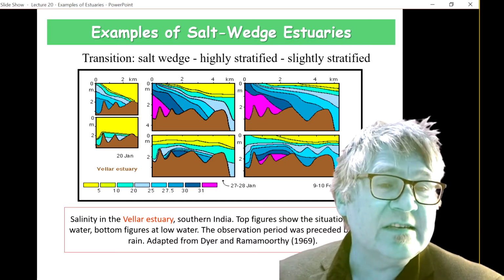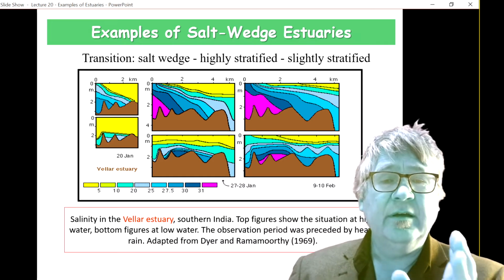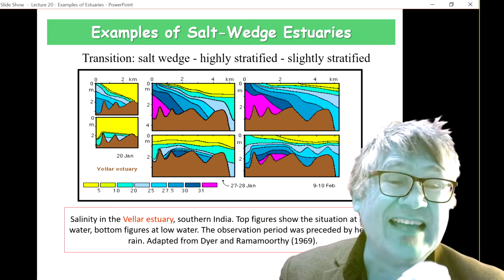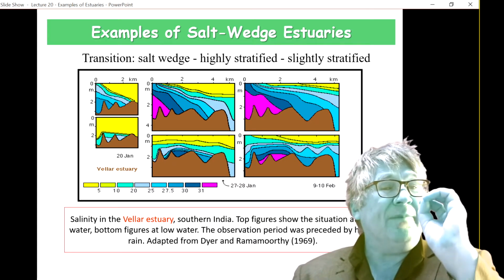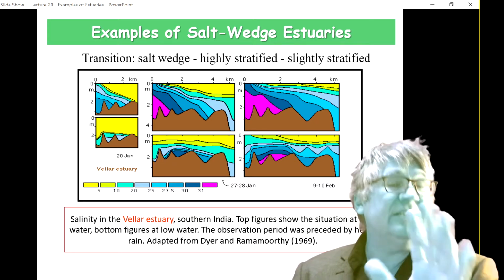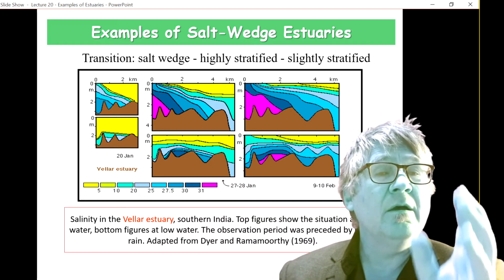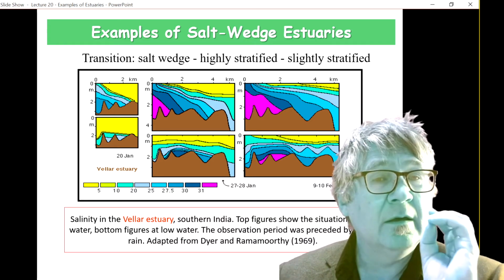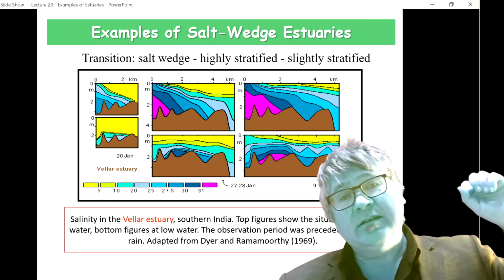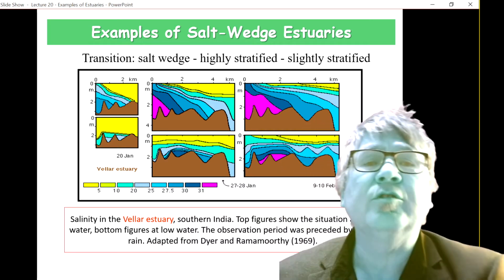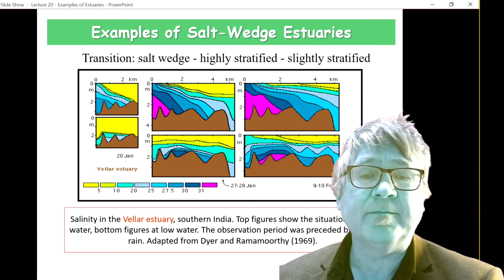Here is another example of an intermittent estuary that goes through different stages. Before these observations of salinity fields, there was a big rainfall event, a big flooding event that through the catchment delivered a large amount of low salinity water into the estuary.